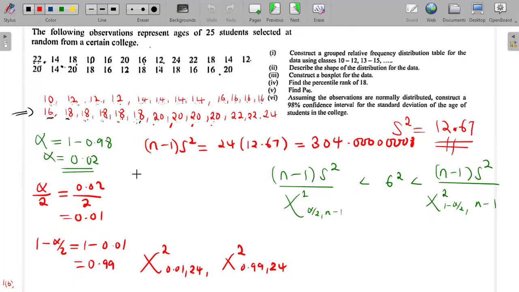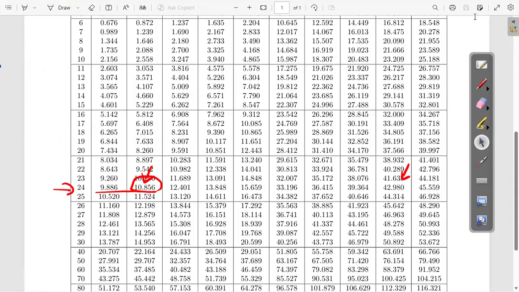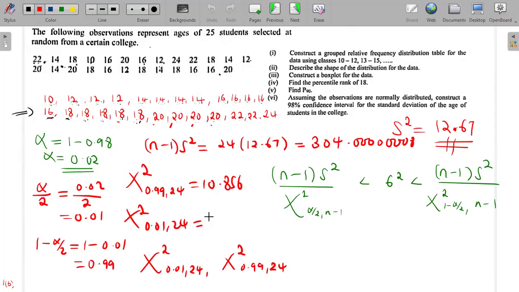Let me write it here. 10.856, and then the other one, it gives me this, 42.980. 42.980. Once I have those, I can find my confidence interval.